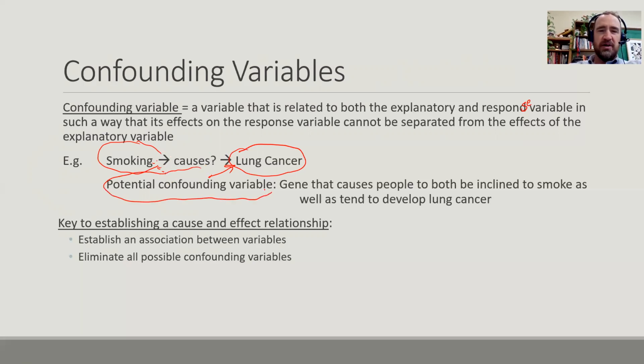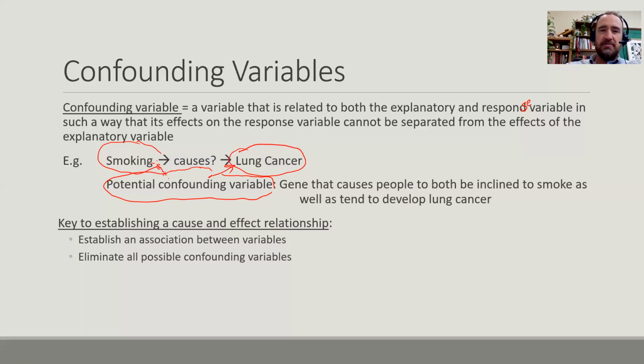A number of ideas were put out there as potential confounding variables, but one was some kind of genetic factor. So some people just have a gene that disposes them to really like smoking and also disposes them toward getting lung cancer. Why would this be a confounding variable? Well, it's related to smoking.